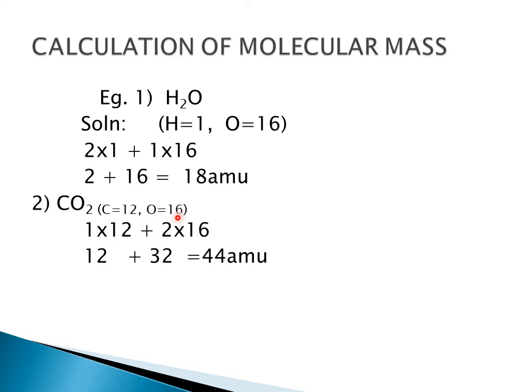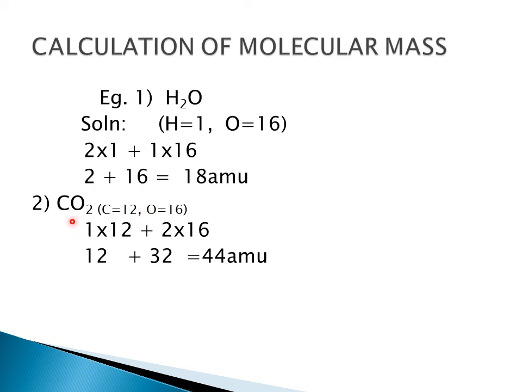We should study. Sometimes only atomic masses will be given to you, sometimes it will not be there in the question paper. So you have to study. I told you now, up to 20 atomic number, up to 20 elements, you have to study the atomic masses of these elements. Then here, as it is given, C equal to 12, O equal to 16.